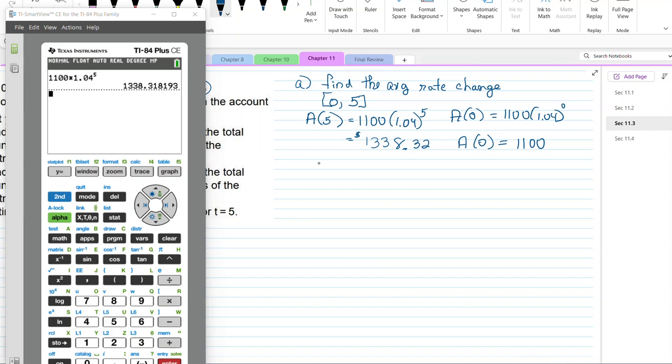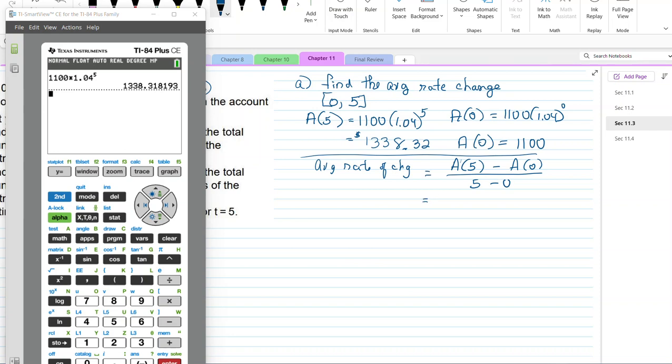So now that I have my values, I wanted to find the average rate of change. I want A of 5 minus A of 0 over 5 minus 0.